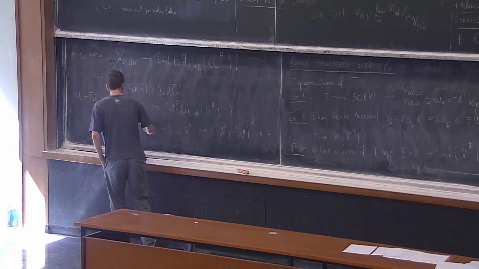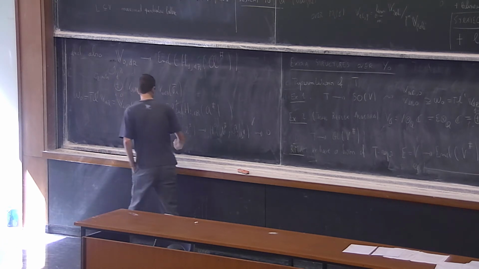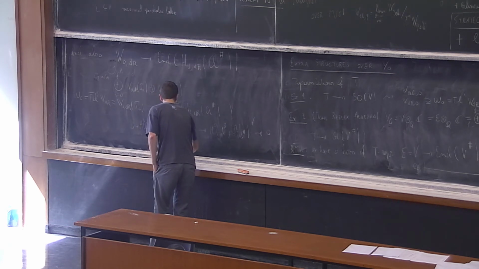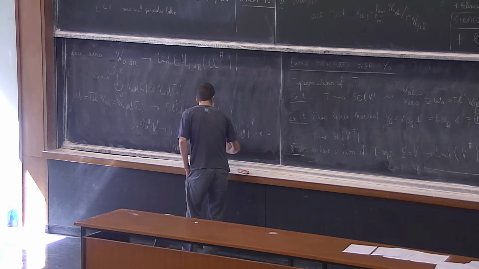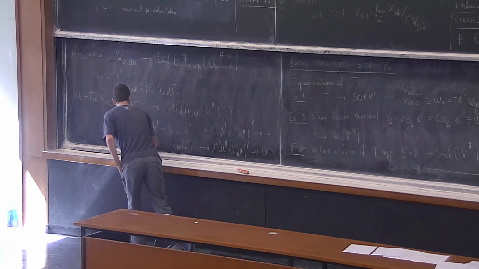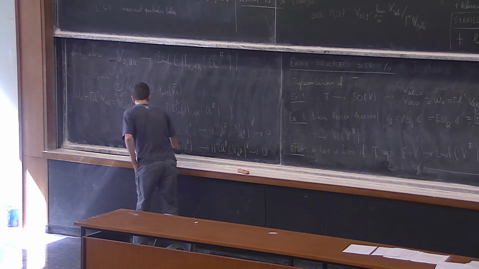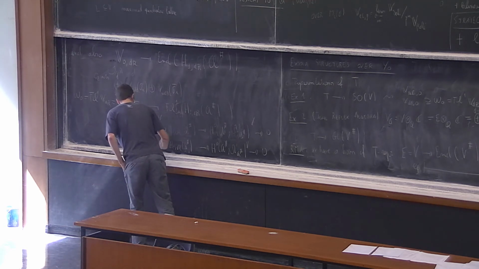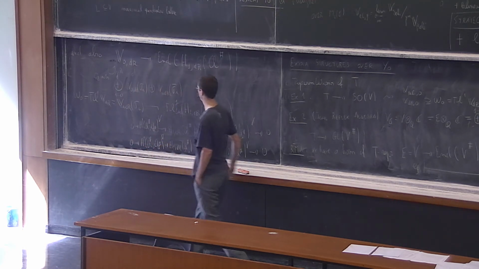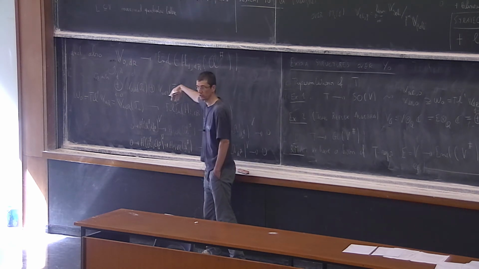And here I have my H1 dual. Right, so I have a filtered vector space, and that induces a filtration on the endomorphisms.